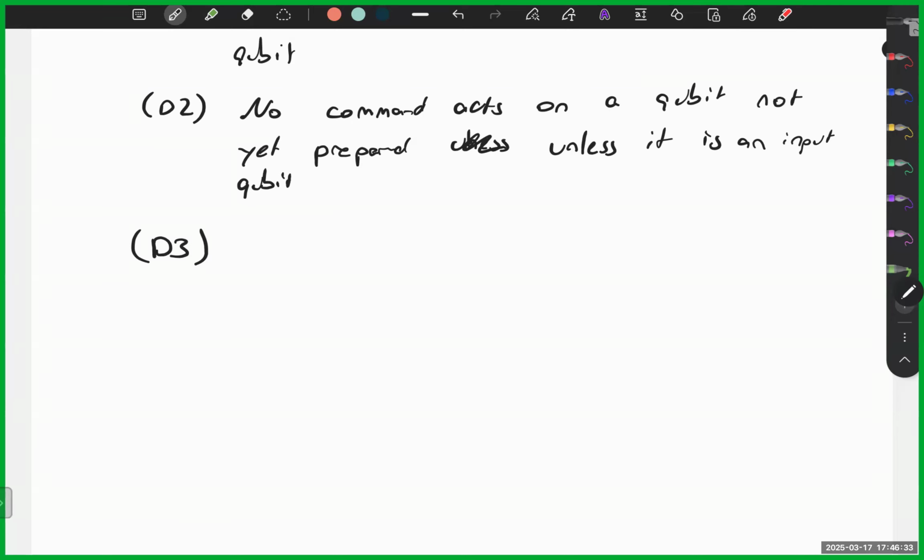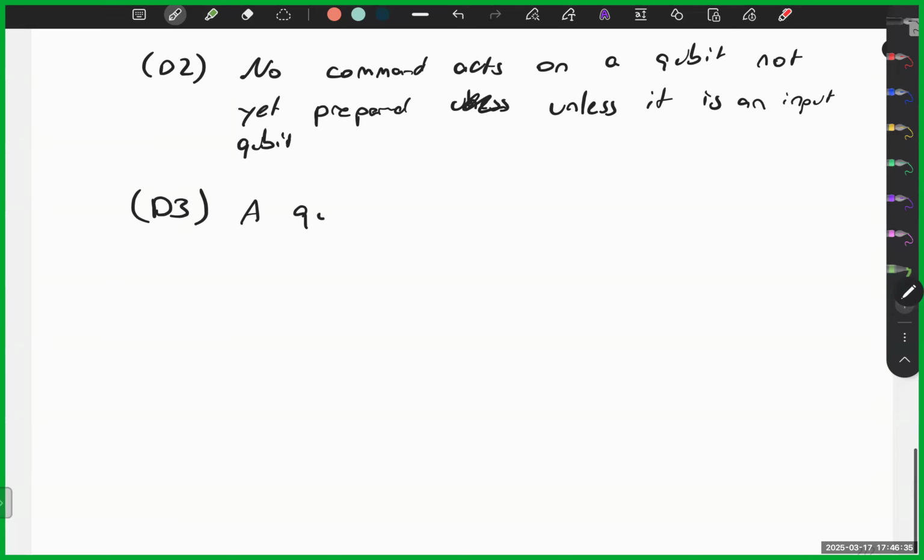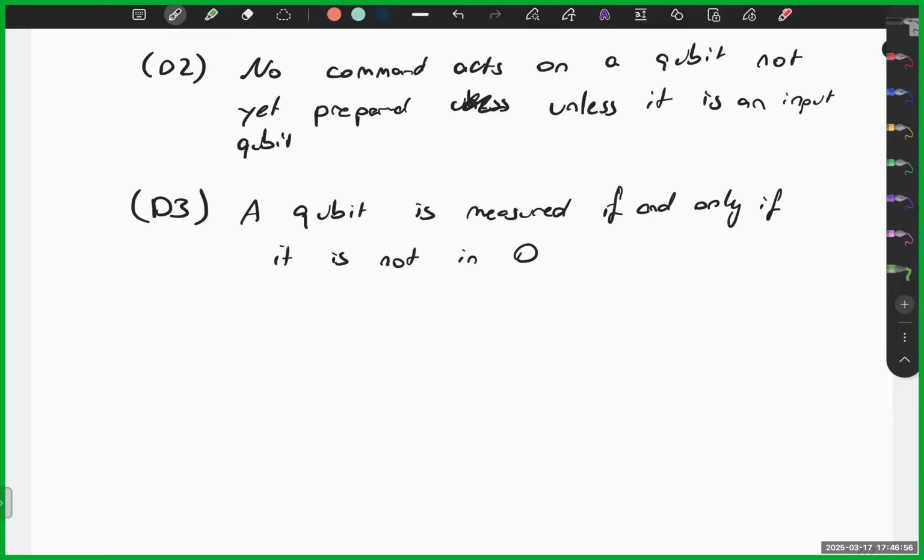And lastly, a qubit is measured if and only if it is not in O. So basically, when we start with V, we measure all the qubits except the output ones.